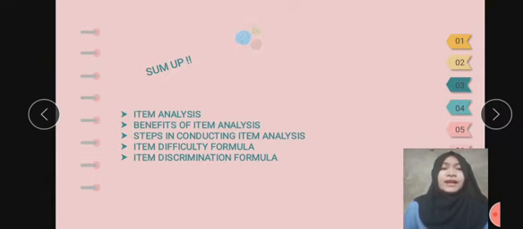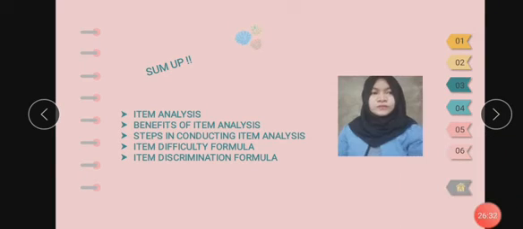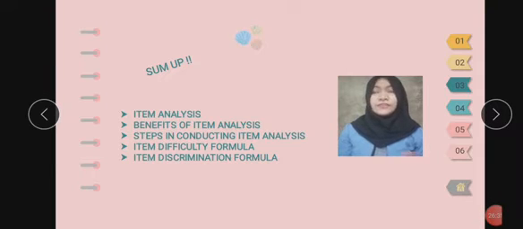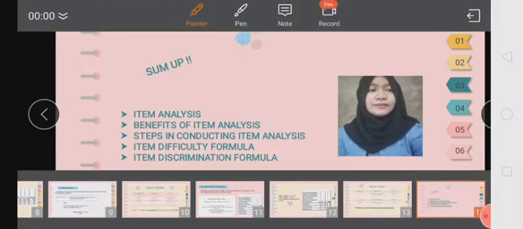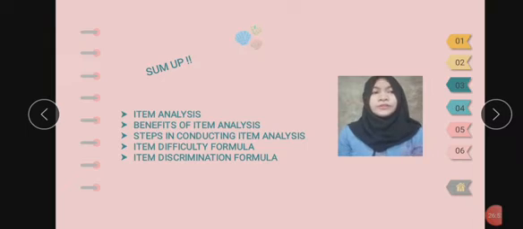So benefits of the item analysis, yun nga. Okay, so for the benefits, yun nga, to see the effectiveness of the test, improve the test, eliminate those misleading, increase skills of the teacher and the students. And then item difficulty formula, like what I've said, number of students who get the correct answer over the total number of the takers.